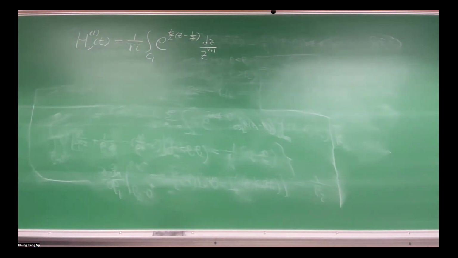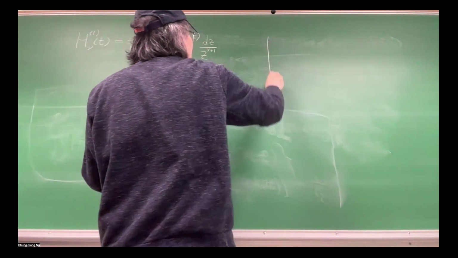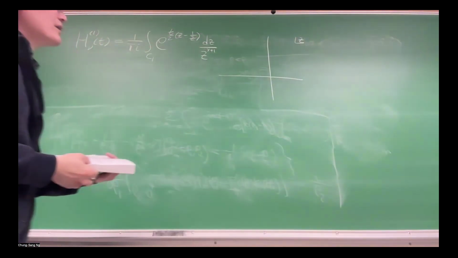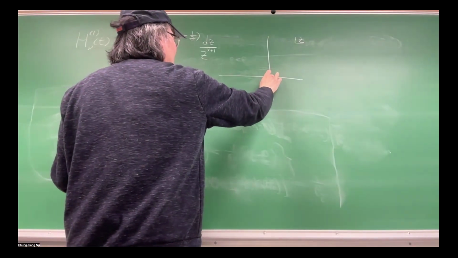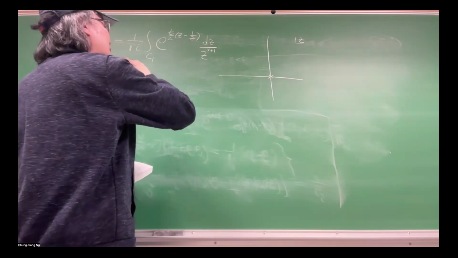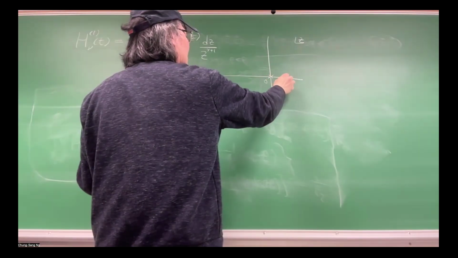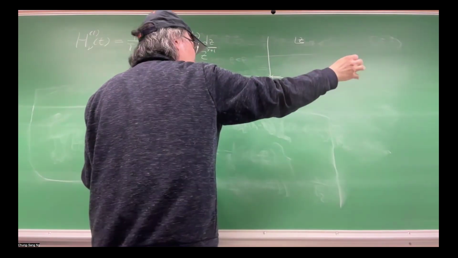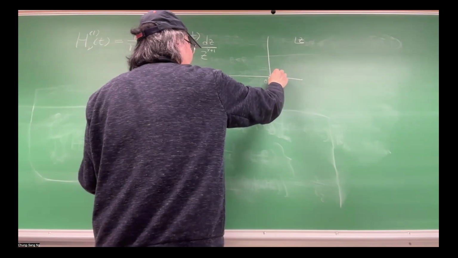Okay, so that's how we define this H1. And remember the contour C sub 1. Now this is changed to the z plane instead of the t plane in the previous figure, but the branch point is still at the origin. C sub 1 is defined as you go out from 0 along the positive real z axis a little bit, and then you turn.